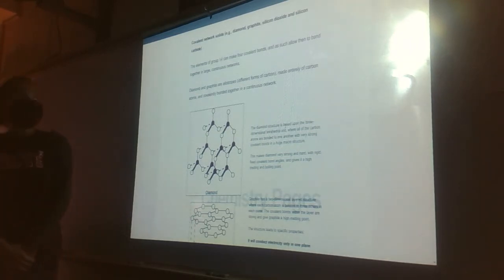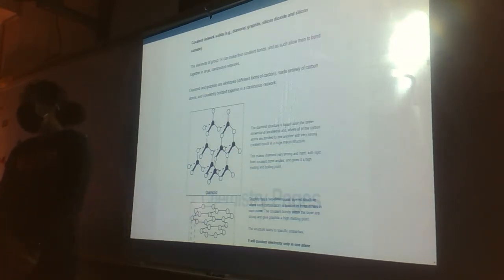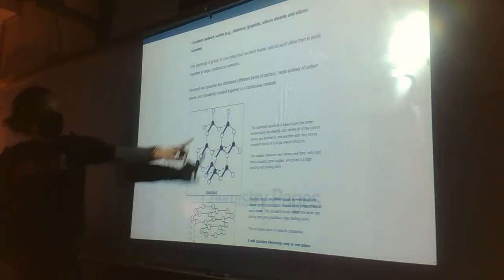Covalent network is when group 14, carbon and silicon mostly, make covalent bonds with each other. These are special because they make 4 bonds. So carbon bonds to itself 4 times.